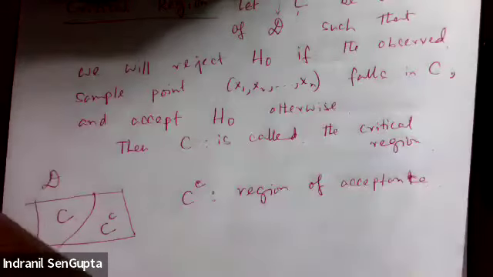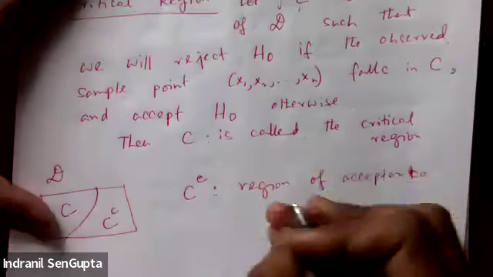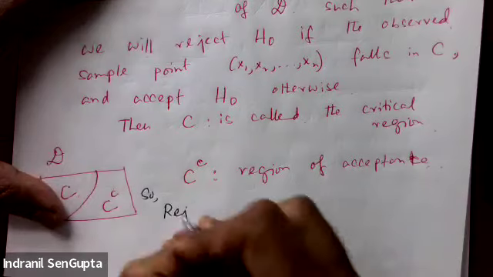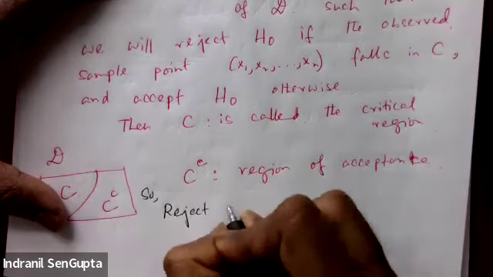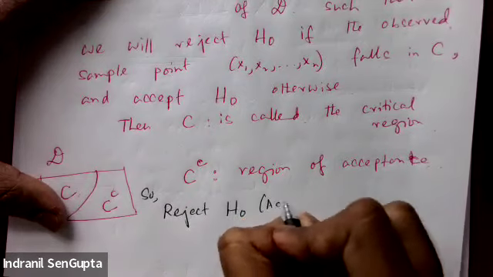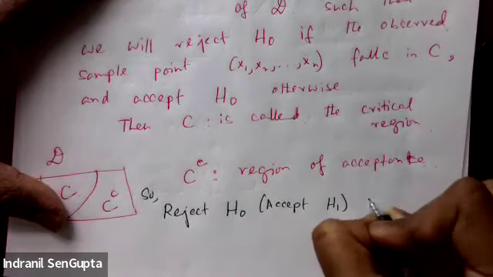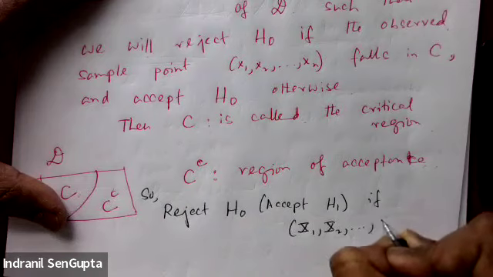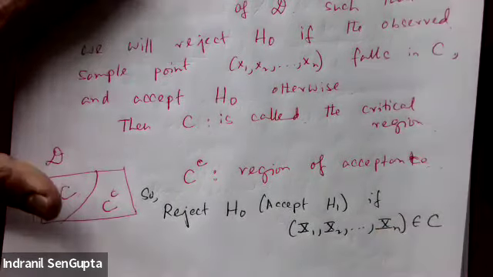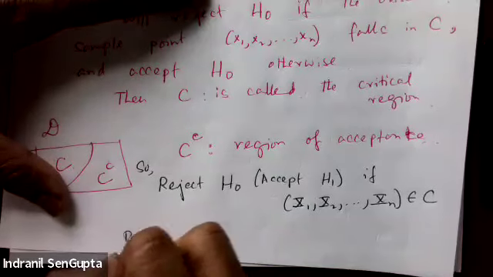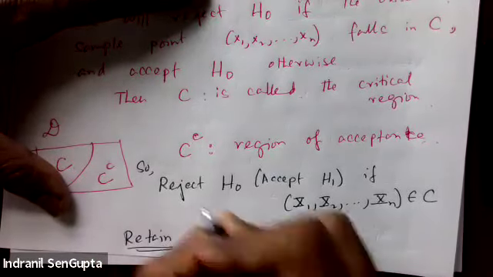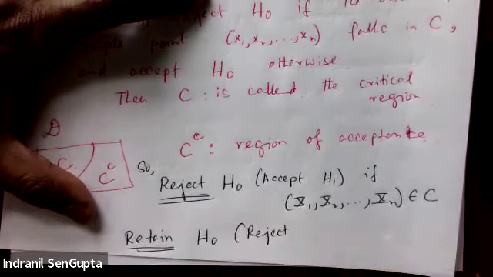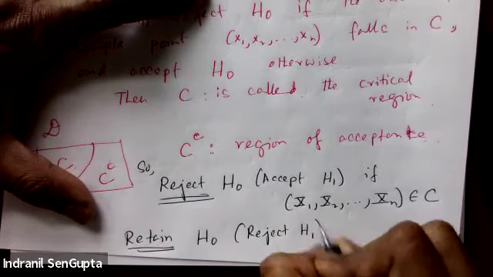I need to write this in a more mathematical way. So basically what we say is: reject H0 and accept H1 if the sample x1, x2, ..., xn is in C, and retain H0, or in other words, reject H1.